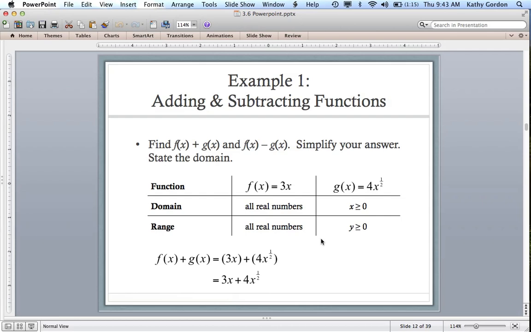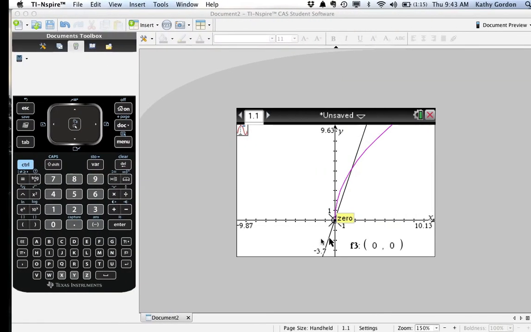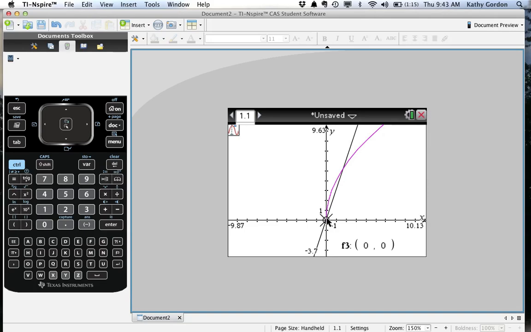But when I go to establish the domain of this, I have to go with the most restrictive domain. They're not the same this time. One of my functions still uses all real numbers, but my other one only uses x values that are bigger than or equal to 0. And that's what we're seeing here. My purple graph here starts at 0 and goes to the right.